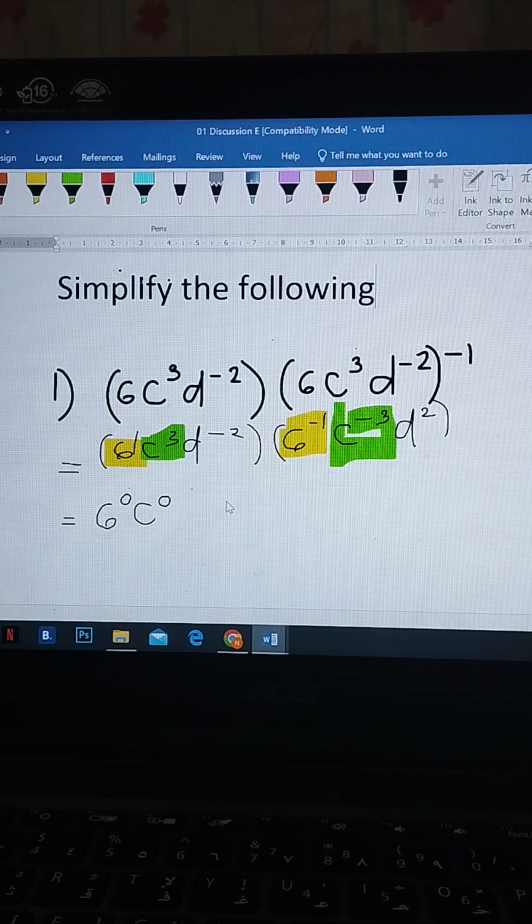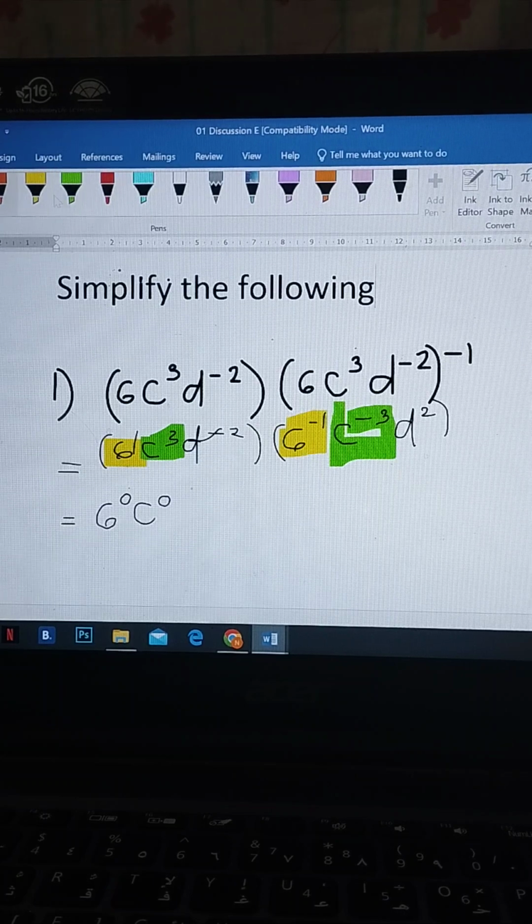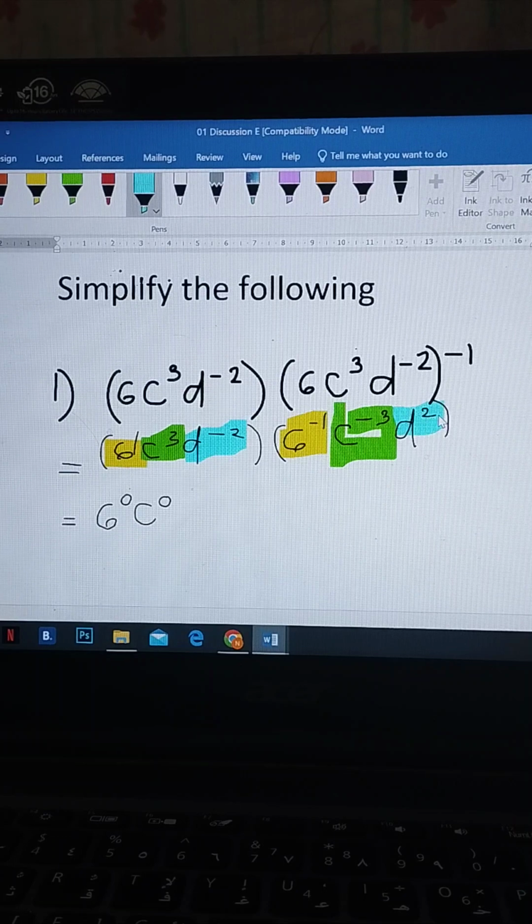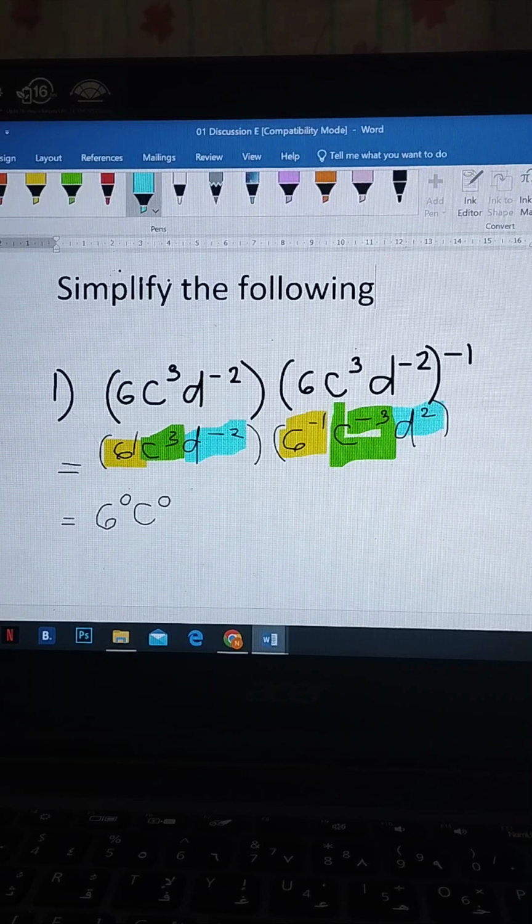Next is, if we multiply this d raised to negative 2 with d raised to 2, that is also d raised to 0.